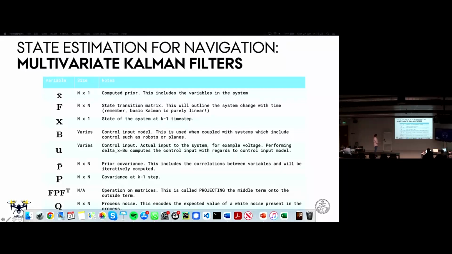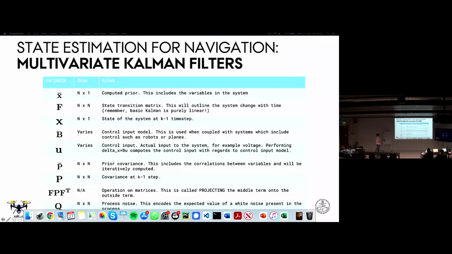B and U are quite interesting and feed into the Bayesian filter notion of control inputs and actions. This defines a control input: the input to a system that you can provide. You can perturb the system with an action.